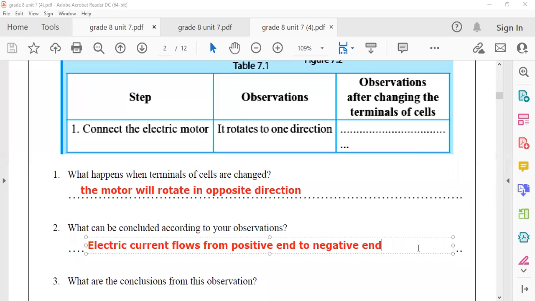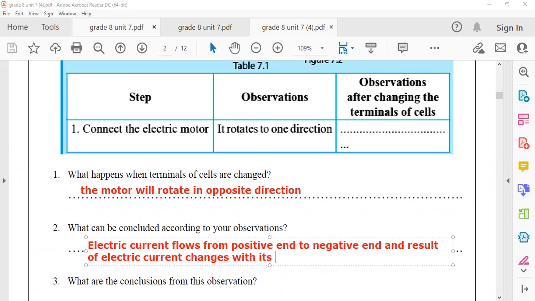Wait, don't write that. Okay, the result of electric current changes with its direction.